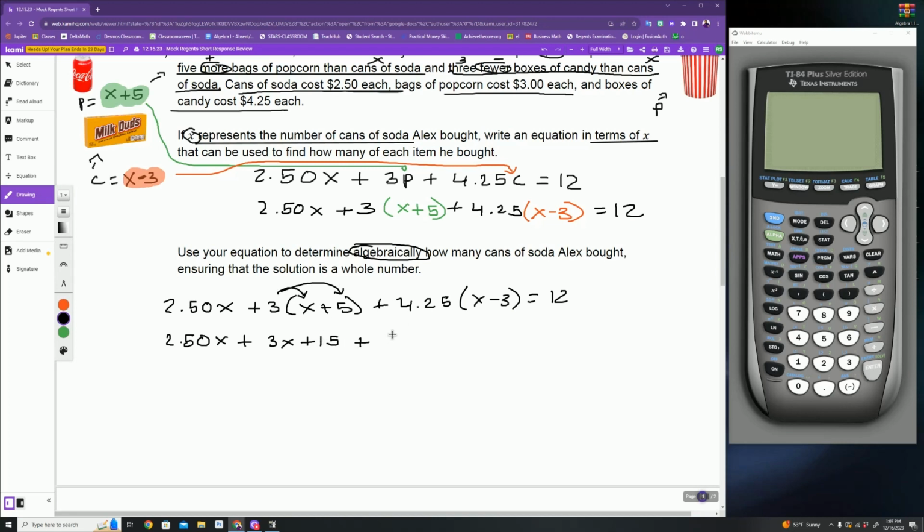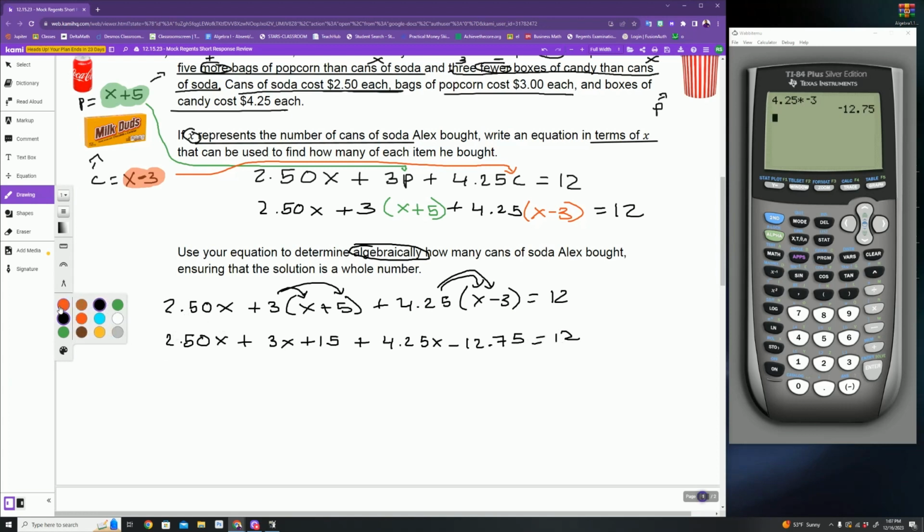Plus the 4.25 times x is 4.25x. 4.25 times negative 3 is, if you need it, you do it in your calculator, negative 12.75, equals 12.